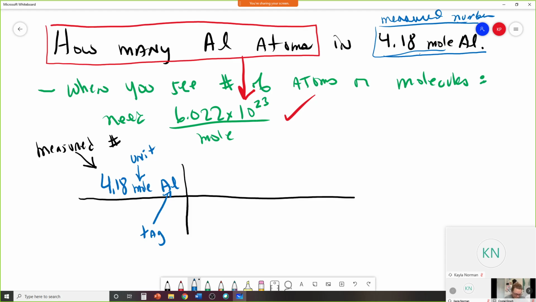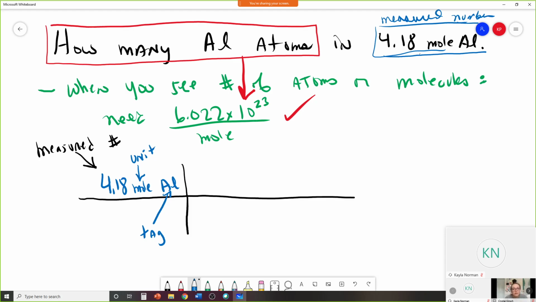All of this is important. You cannot leave anything off. If you leave it off, you might get it right, you might not, and I don't like mights. I like to know that I'm going to get it right. So make sure that you always have the unit and you always have the tag.